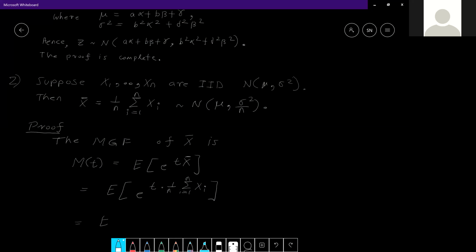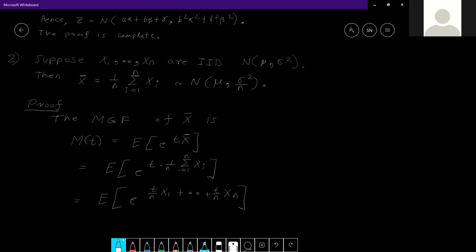Let me write this in a simpler way: e to the t over n x1, up to e to the t over n xn.